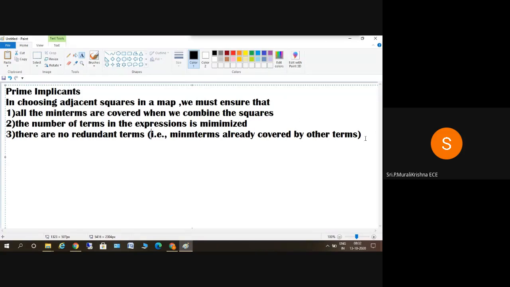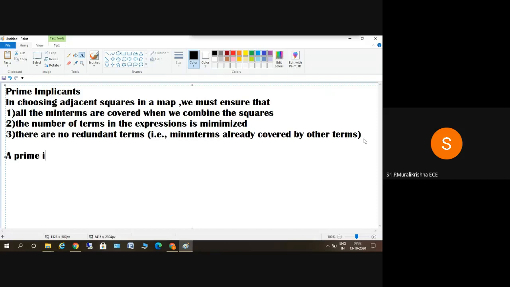Coming to the definition of prime implicant: whatever terms we get after grouping are called prime implicants. For example, when we have a quad, two literals are eliminated, and the expression after that simplification is called a prime implicant.